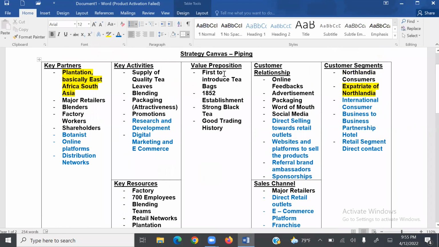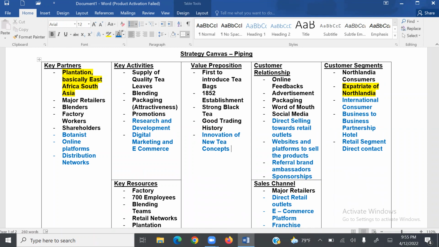So effectively, value proposition in the future, what can happen is, I can specifically say innovation of new tea concepts, new tea concepts. Are you getting that point? Yes or no? Yes.